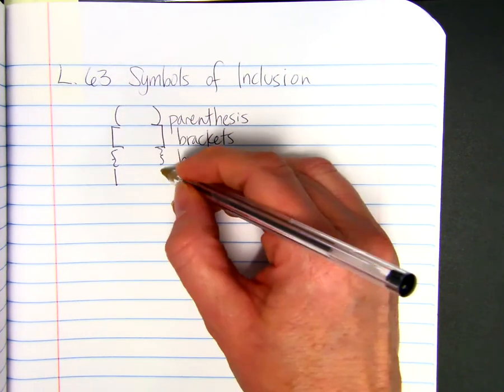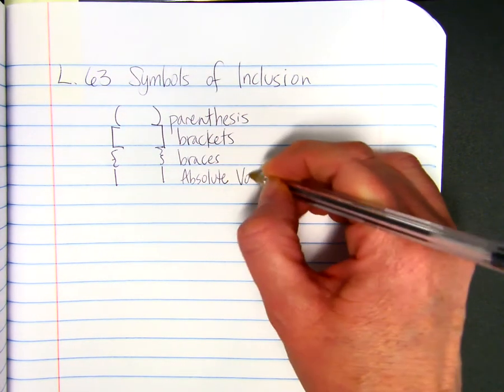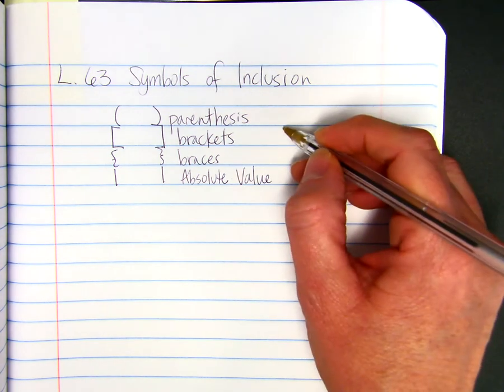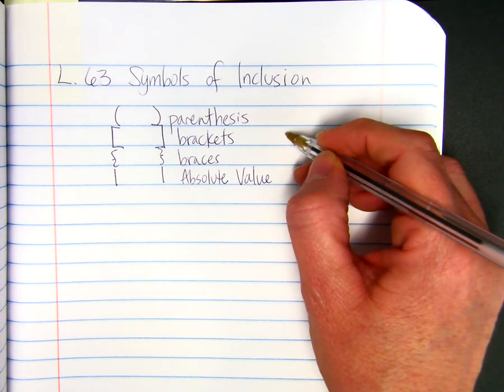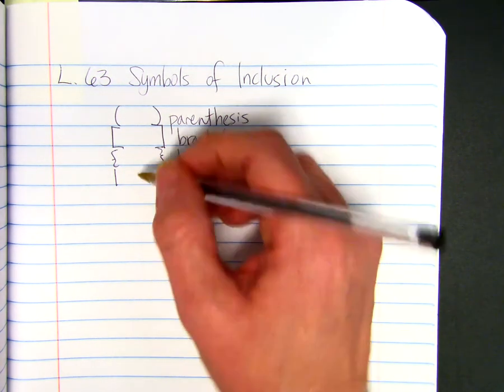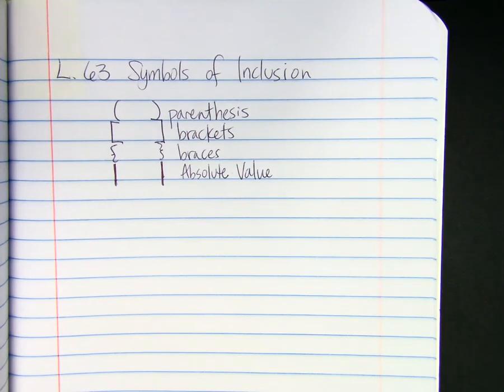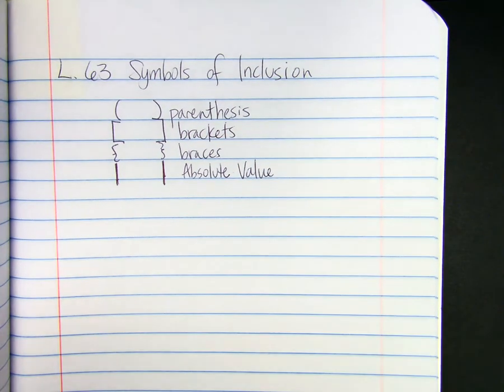Absolute value. I just start at the top, do a little curve, pull a little, I don't know. Mine don't even look very good. Absolute value are those two bars, you know, that mean the distance away from 0.